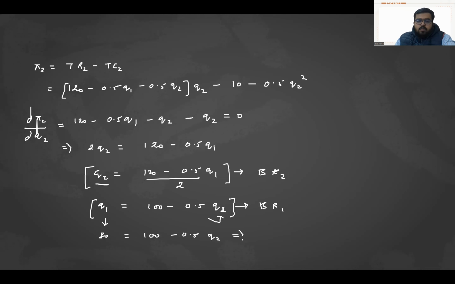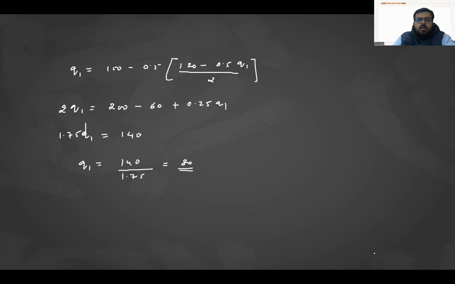If we solve for Q2, 0.5Q2 = 20. Therefore, Q2 = 20/0.5, which is equal to 40.